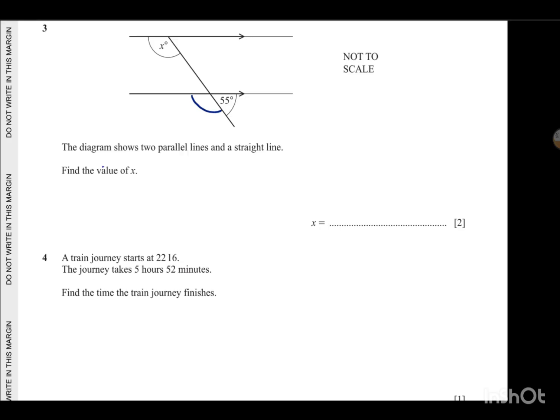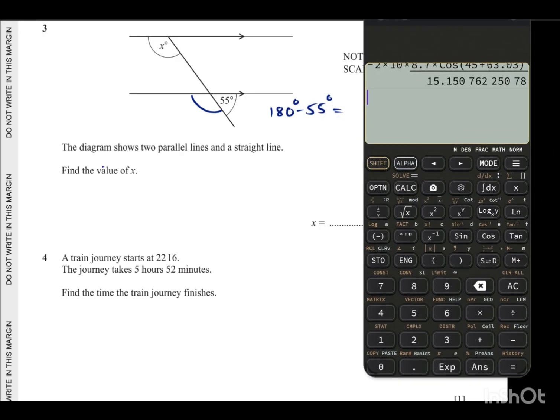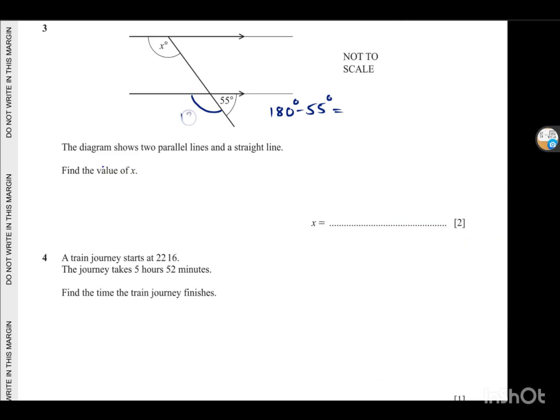This is the linear pair, that is these two angles are supplementary. So to get this angle, we need to do 180 minus 55, which is 125. So x will also be 125.